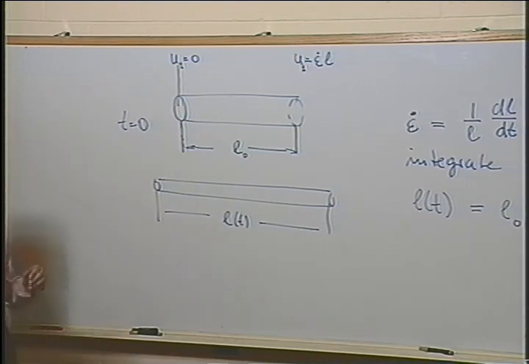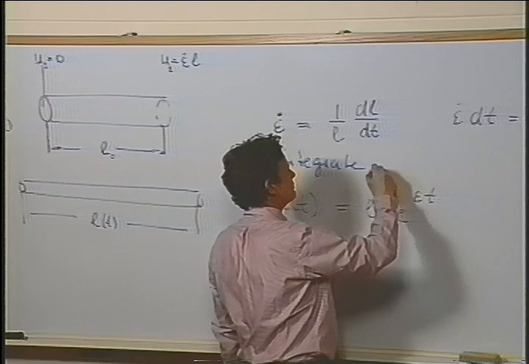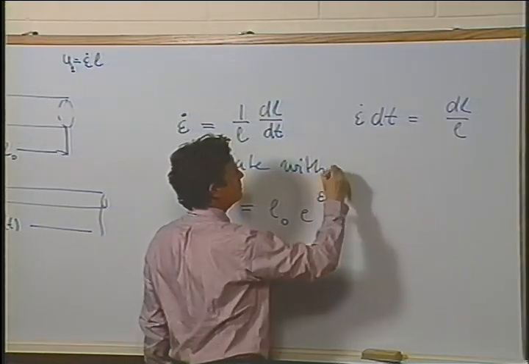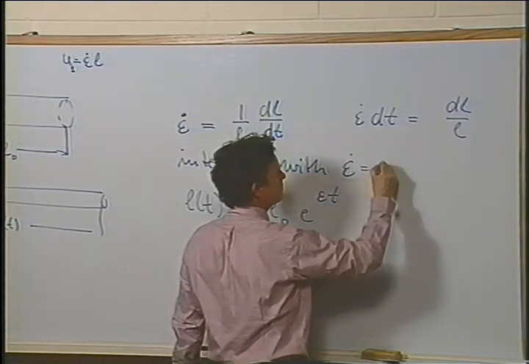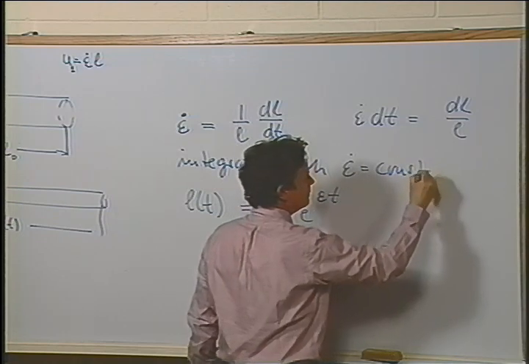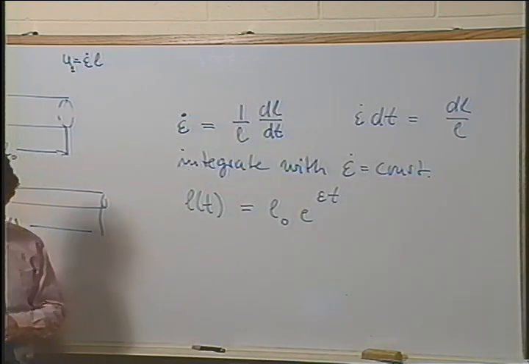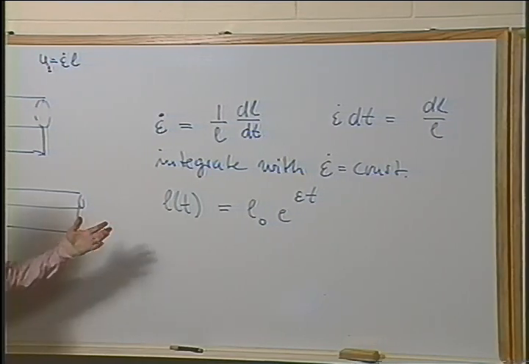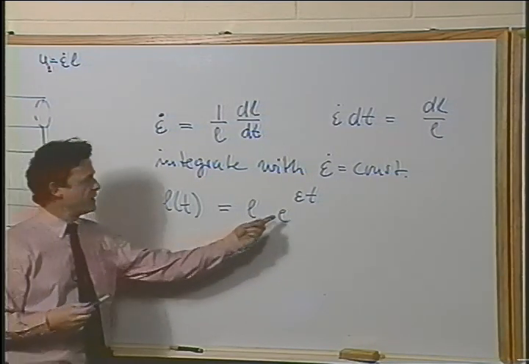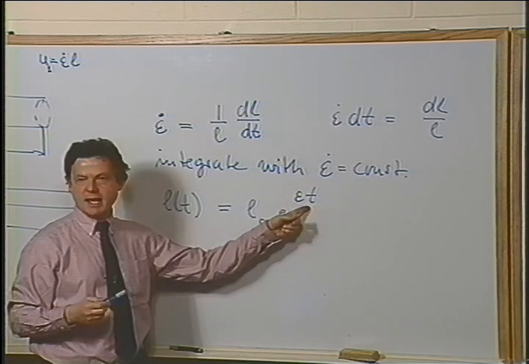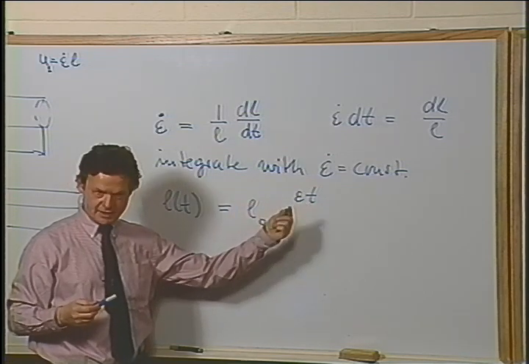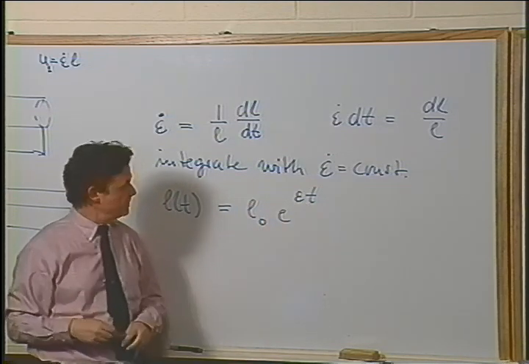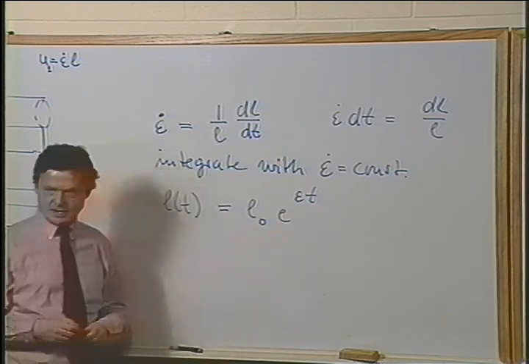Now here I assumed a constant extension rate. If you don't assume a constant extension rate, you will find that this is given as an integral over all the extension rates in time, and this is where the integral is coming in.